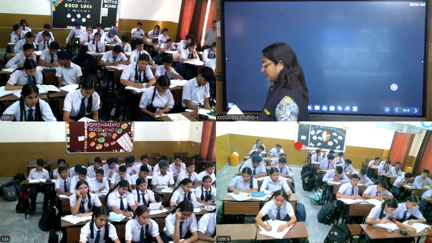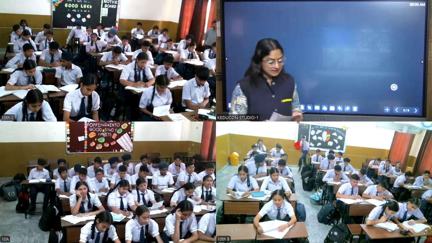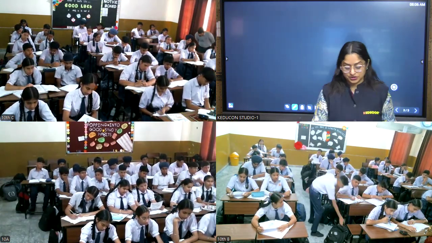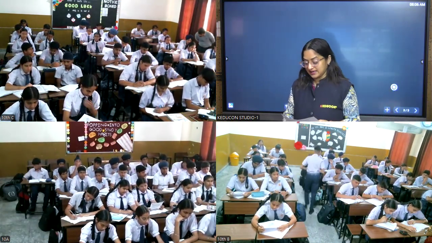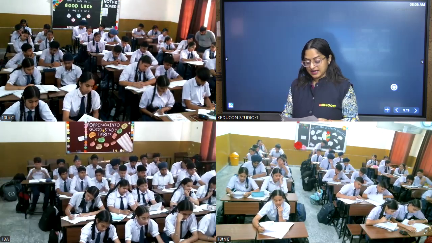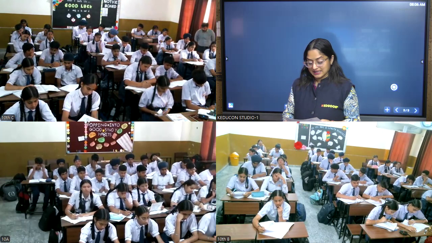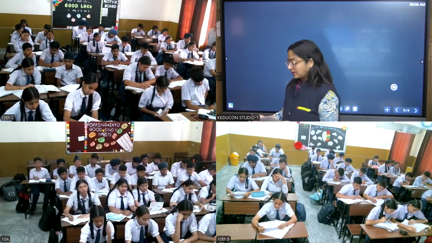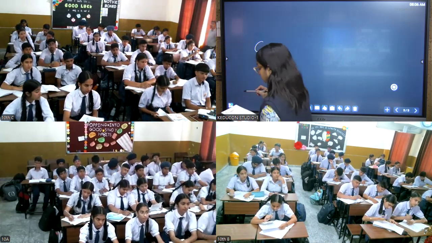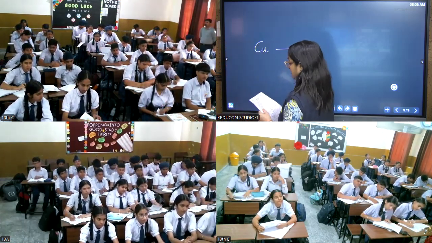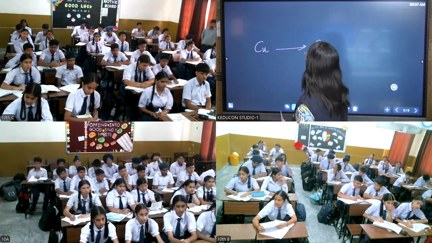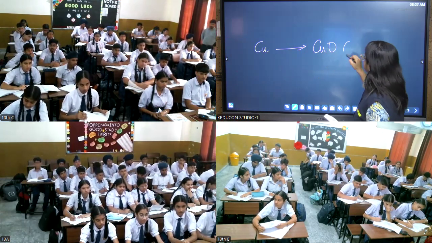Second question. Copper powder turns black upon heating due to formation of copper oxide. Which statement justifies the reverse reaction when hydrogen gas is passed? So what is happening here? You have copper powder and because of heating it turns black and forms copper oxide.